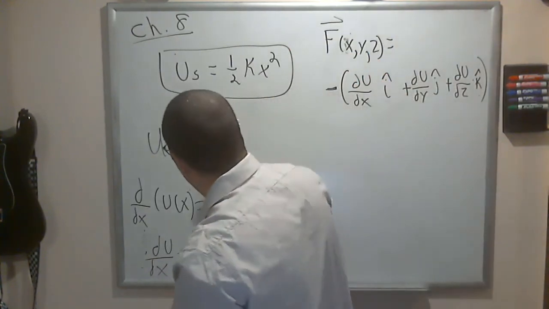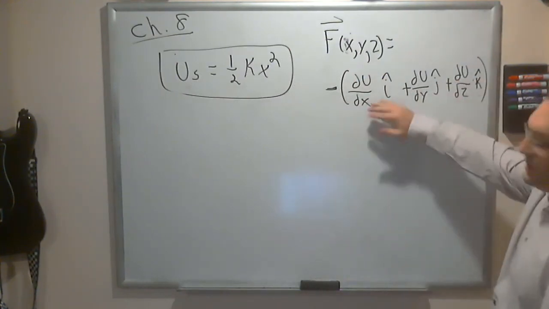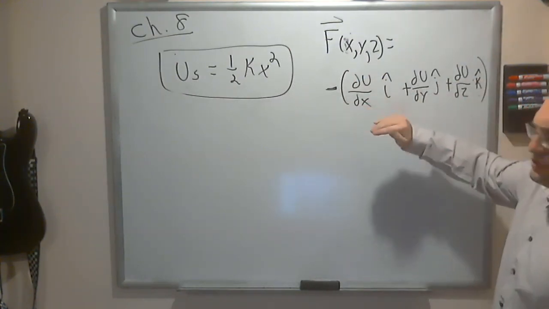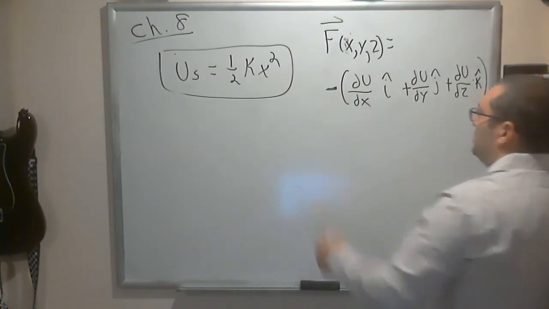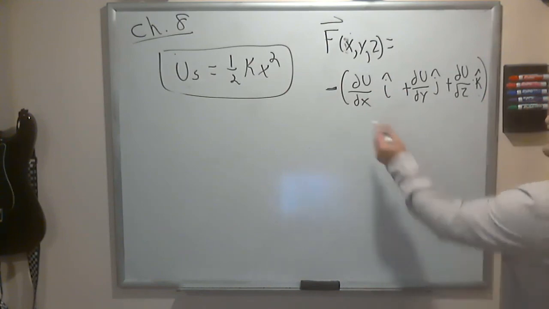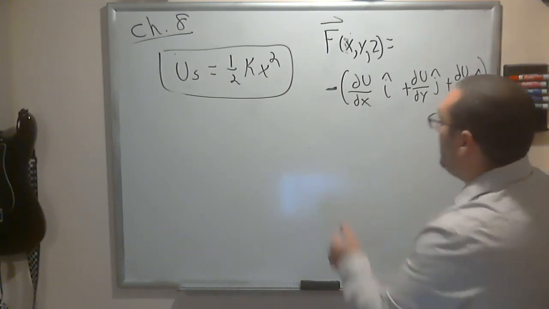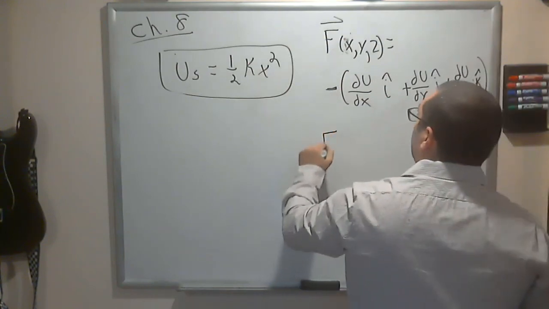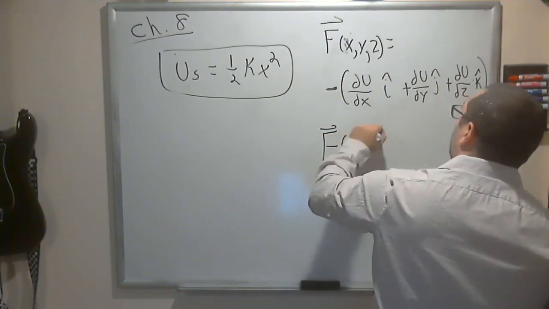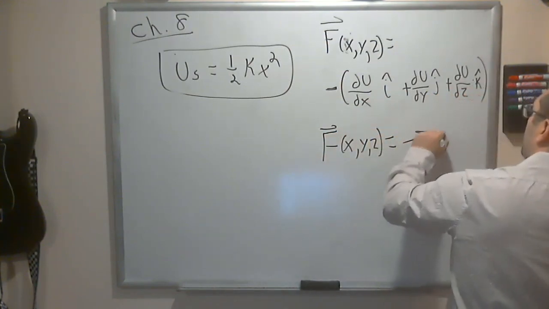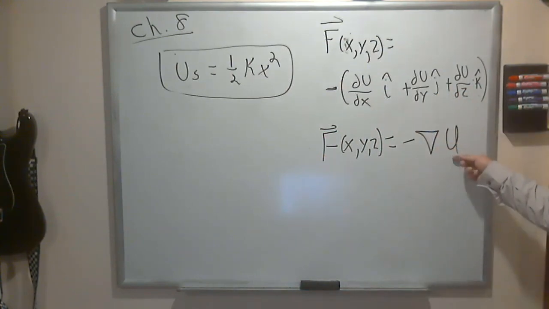Now, if you've taken enough calculus, I'm not sure whether they teach this in Calc 2 or 3. I think it's in 3, because this is vector calculus. This process is called the gradient, and we simplify it. So we say that the force is equal to the negative gradient of the potential energy.